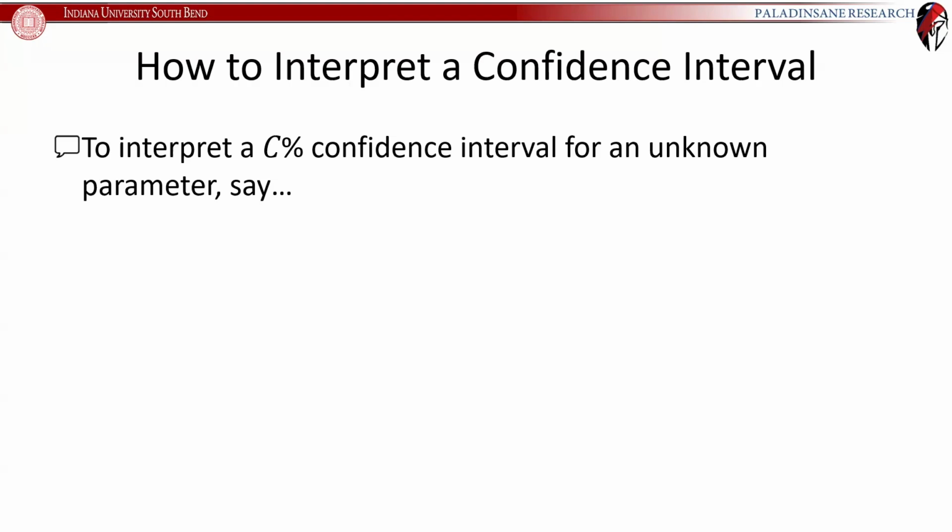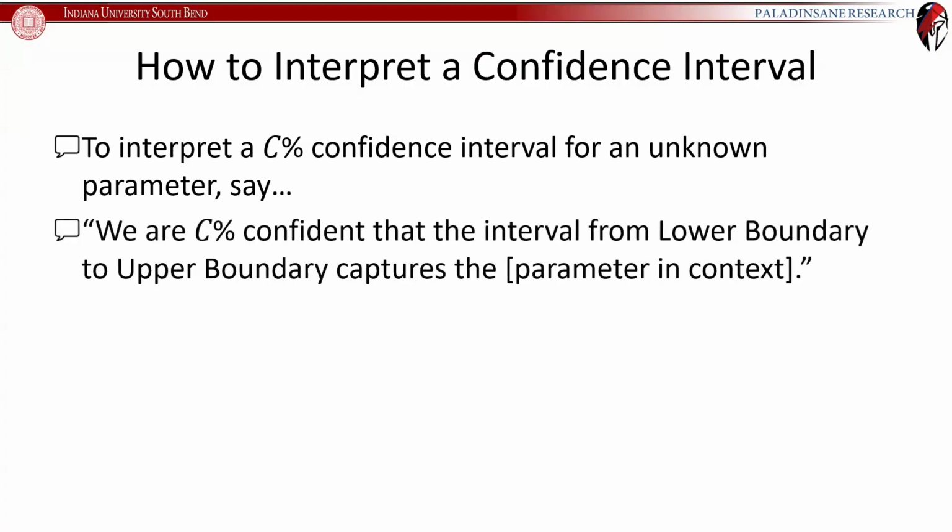I know exactly how long your project is going to take. But it's an unknown parameter. So we have to give it a confidence interval. And what we say is, we are C% confident that the interval from lower boundary to upper boundary captures the parameter that we're looking for, the parameter in context.